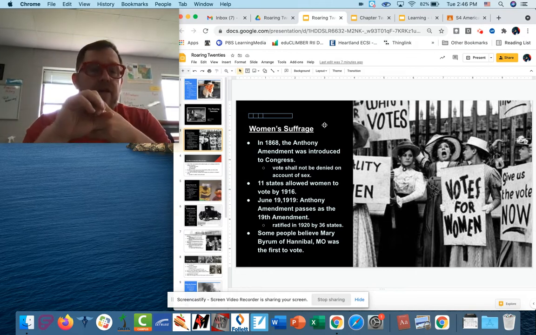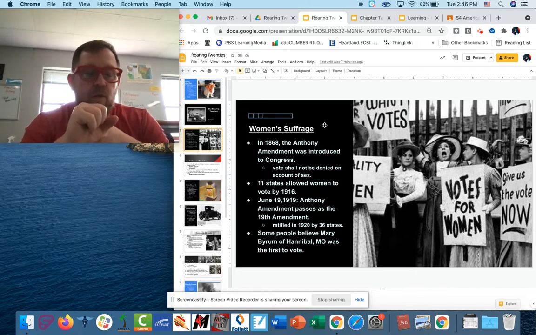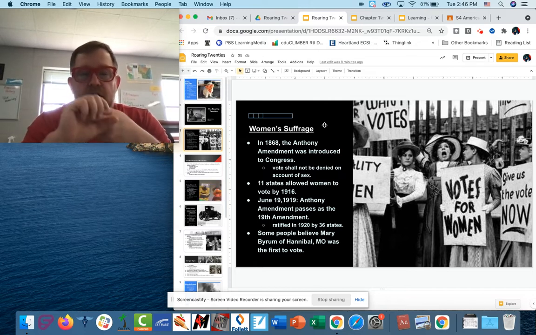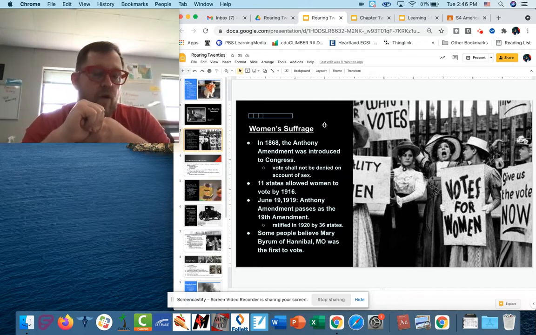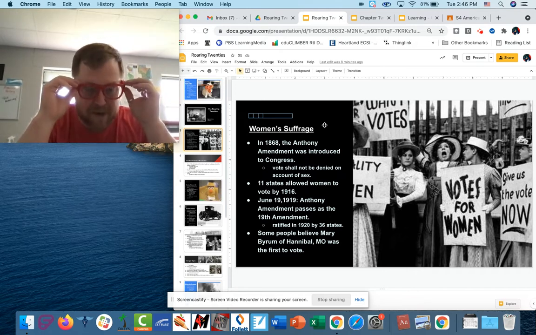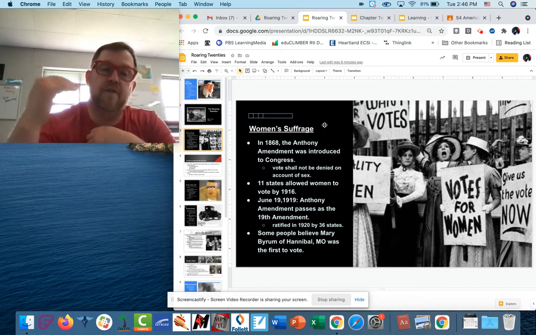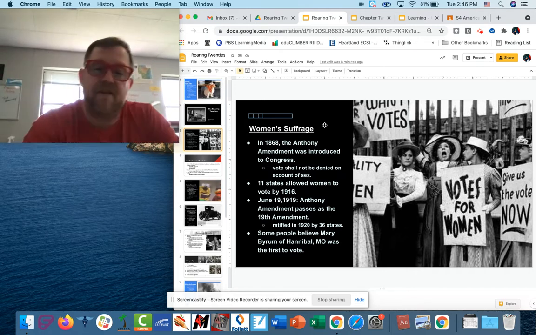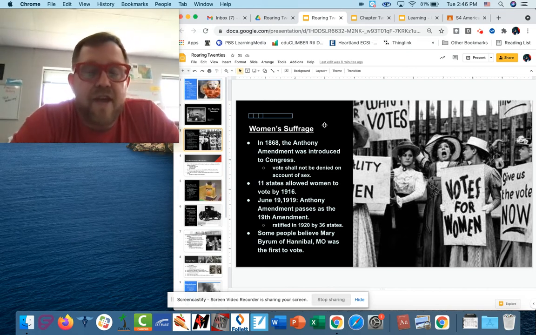A number of people thought that giving a woman the right to vote was a waste because they would just vote exactly how their husband told them to. So there's no sense in letting women vote because it would just be a double vote for women who were married, or girls would vote the way that their fathers told them to vote. People also thought that maybe women were too emotional to be allowed to vote. And so that was never passed.